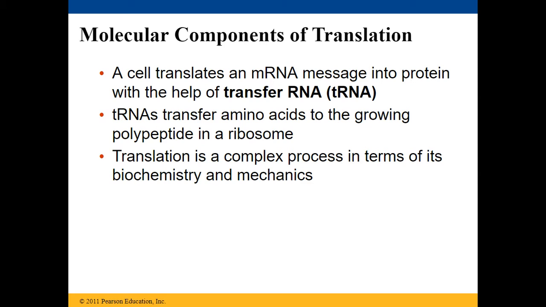So if you're looking at a 3-code sequence of CCC on messenger RNA, the transfer RNA would be the mirror image of that, being GGG. Transfer RNA's job is to carry the amino acid from the cytoplasm into the ribosome to help complete the growing polypeptide within that ribosome. The translation process is complex in terms of its biochemistry and the mechanics behind it.